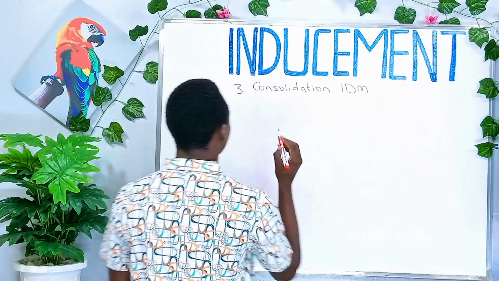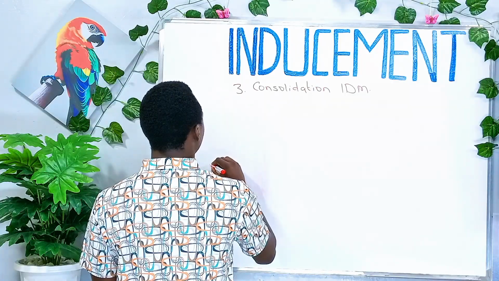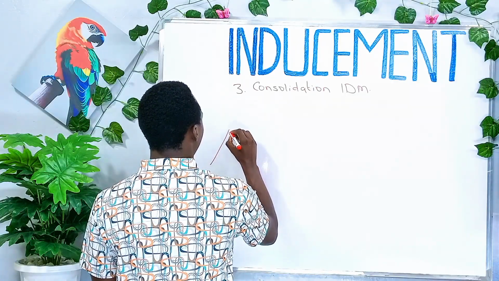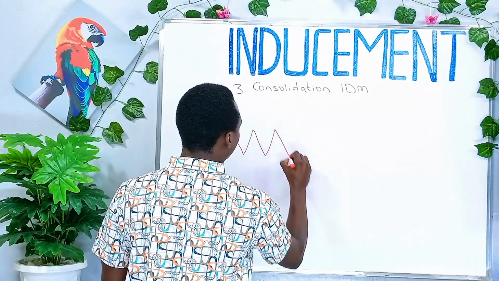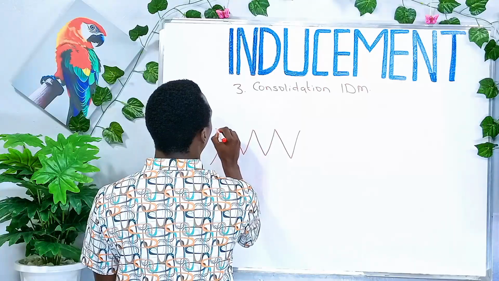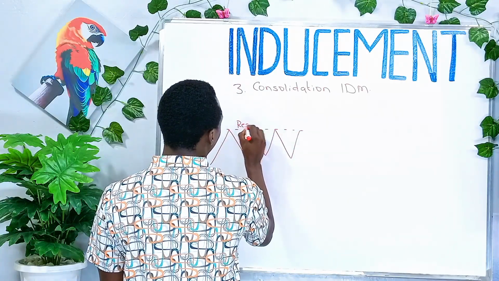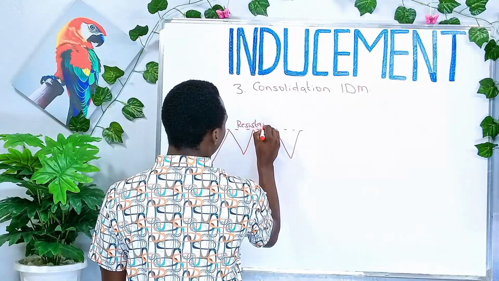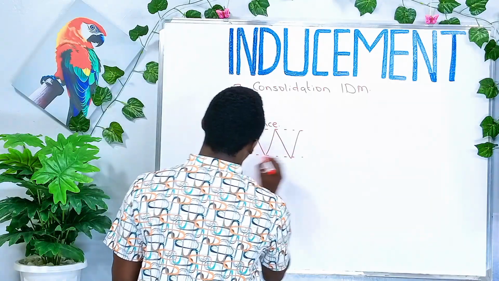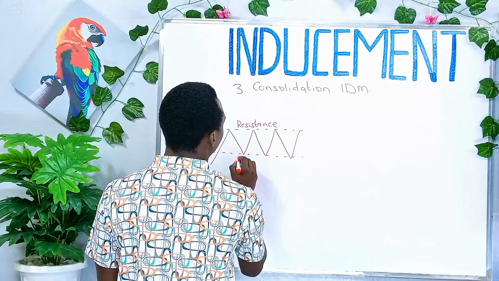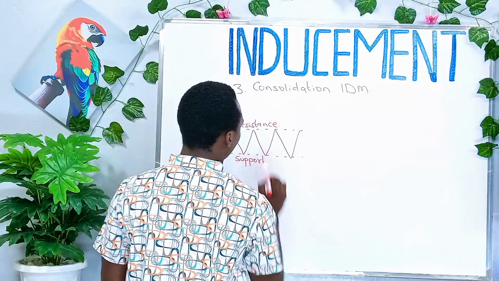Just to illustrate, let's say we have our price coming from this area and it is forming some equal highs and equal lows. In our case, this will be our resistance level, and this one will be our support level.